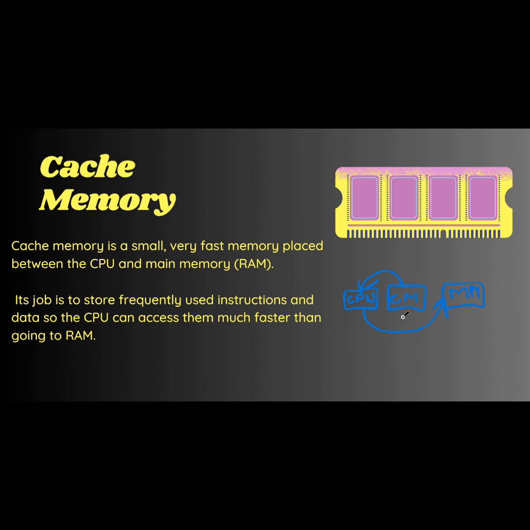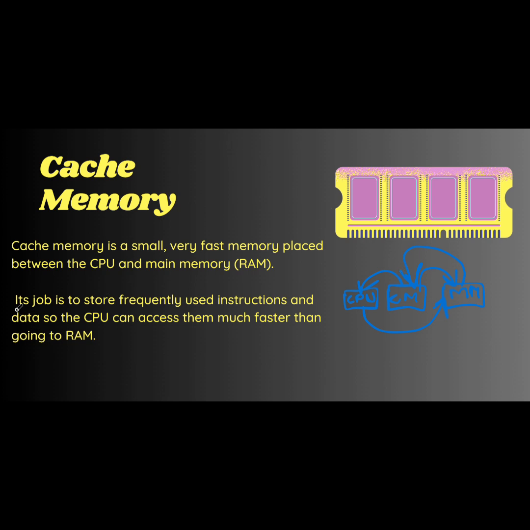So the cache memory is a very fast memory placed between the CPU and the main memory. For example, if the cache memory doesn't have the data required by the CPU, then it asks the main memory and stores the data required by the CPU.